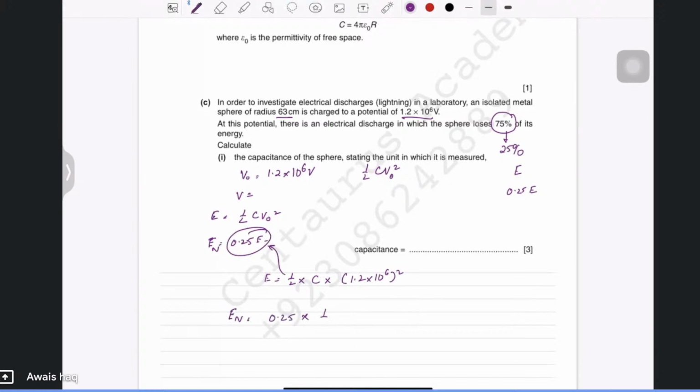There was some mistake, I did the same way. 1.2 times 10 raised to the 6 whole square. Yes, so this is what we need, and the issue is that this new energy is this much. The new E equals half CV square.